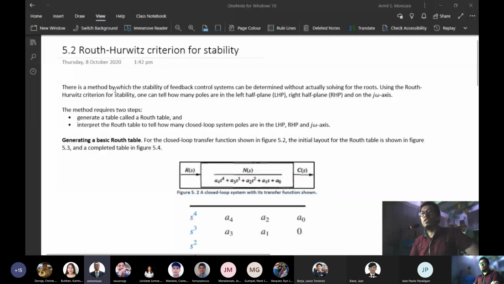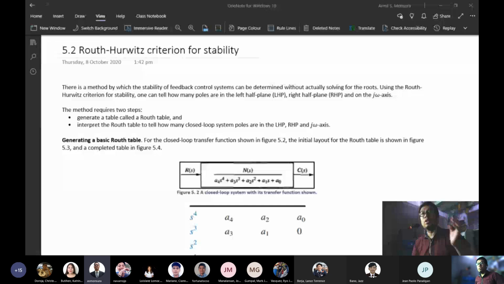So there's a method by which the stability of feedback control systems can be determined without actually solving for the roots. Using the Routh-Hurwitz criterion for stability, we can tell how many poles are in the left half plane, the right half plane, and on the j omega axis. That is basically what the Routh-Hurwitz criterion does.